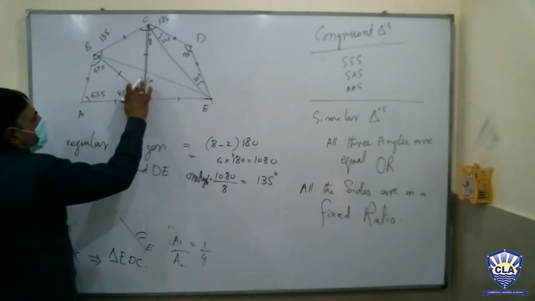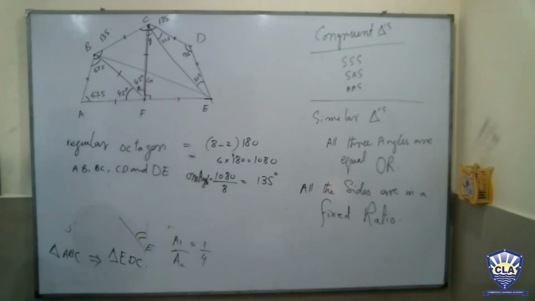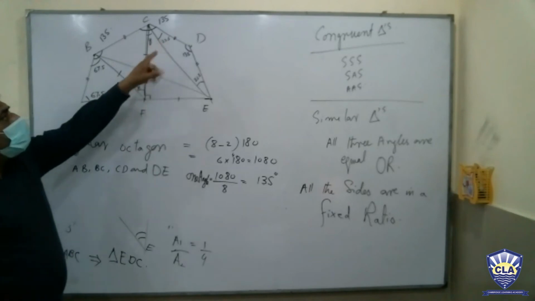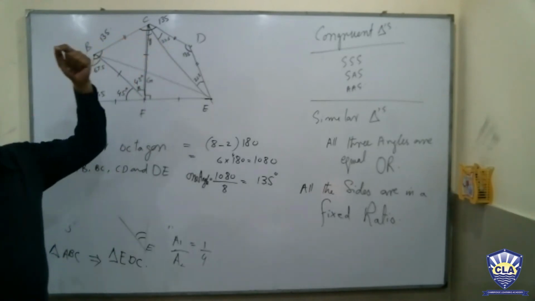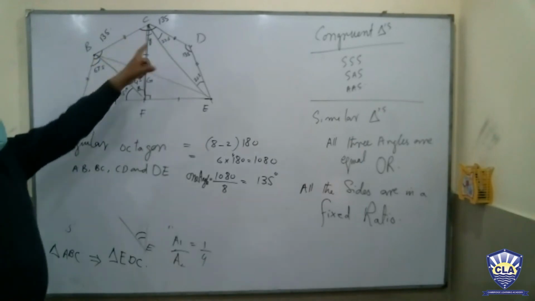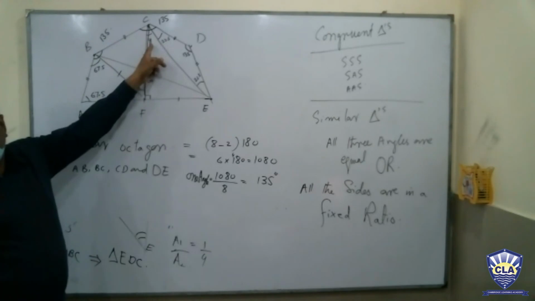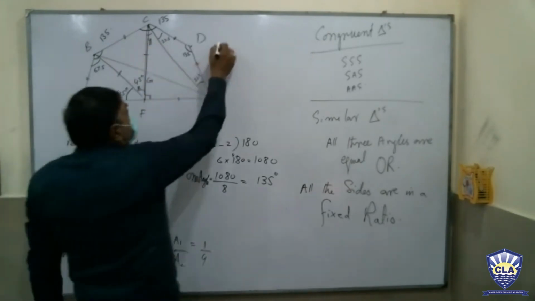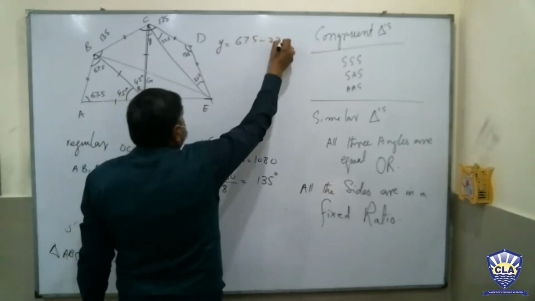Yes, sir, well done. We are left with Y. 135 divided by 2 is 67.5. When you subtract 22.5 from this, you will get Y. Y equals 67.5 minus 22.5.